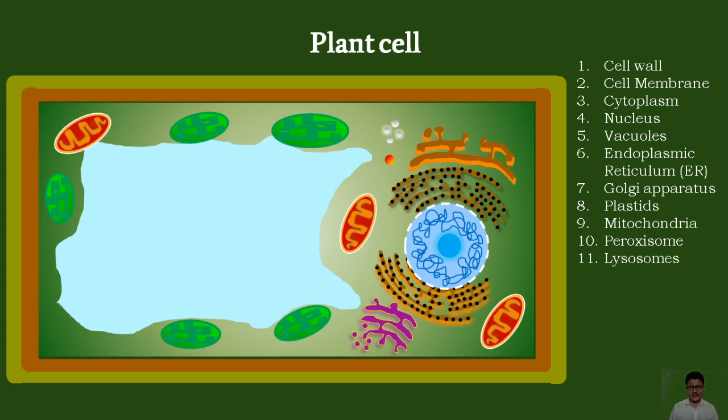We also have lysosome, the suicidal bag of the cell, and we have microtubules, which are essential for cell division or for structural maintenance of the cell. Mainly the rigid structure is given by the cell wall, though microtubules have some functions, but microtubules are mainly for cell division.